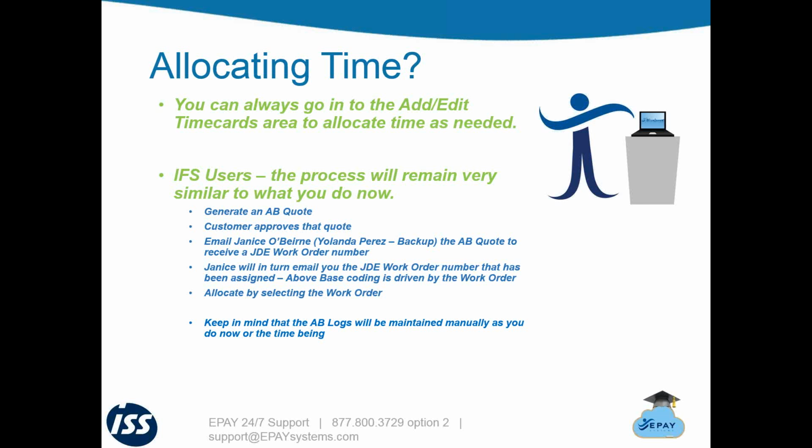They in turn email that work order number to you, so they're the ones that actually set up this information in JD Edwards. Then you allocate by selecting the work order, and just keep in mind that you're still doing the AB logs manually, as you've been doing. So a lot of the process from the IFS side still remains the same, but just keep in mind you deal with someone here at the corporate office to set those up for you. Once again, this is IFS only.